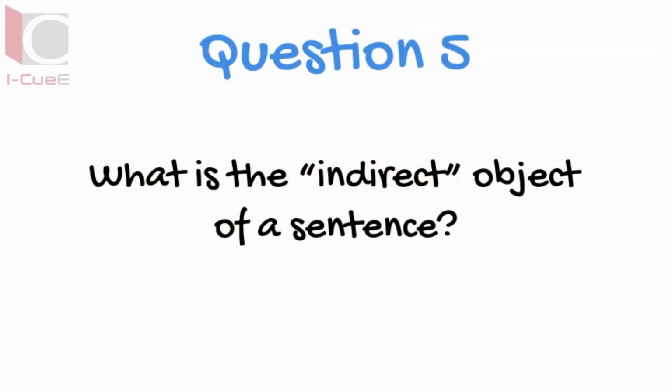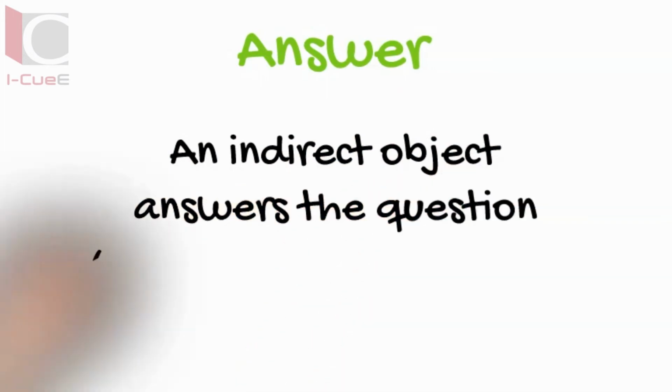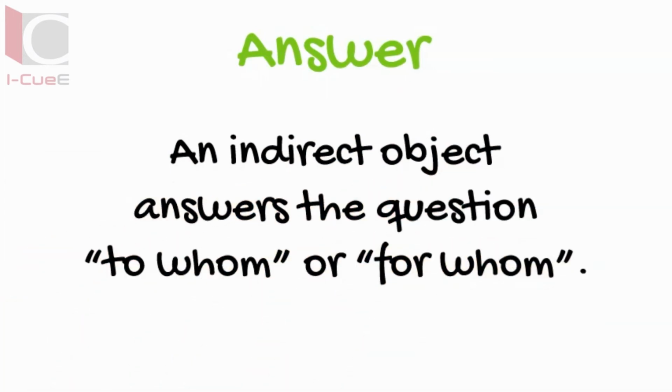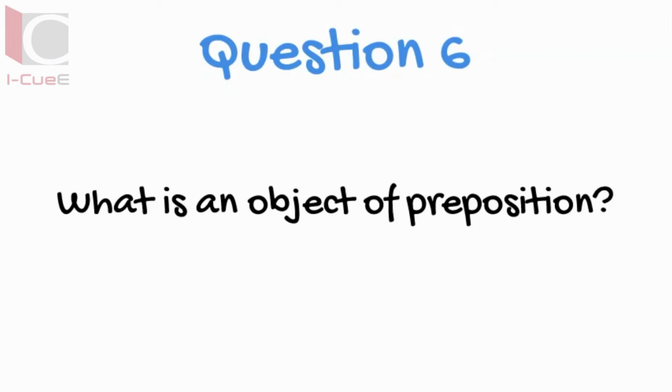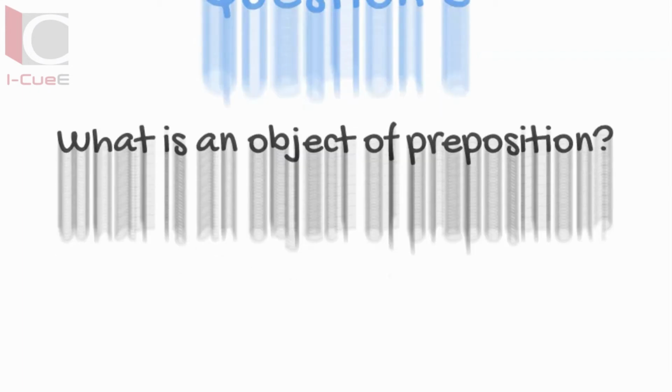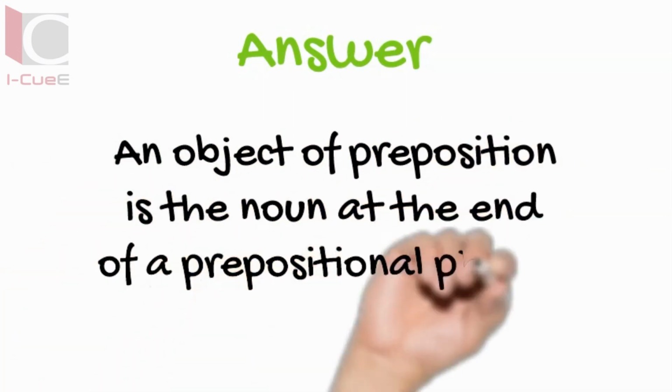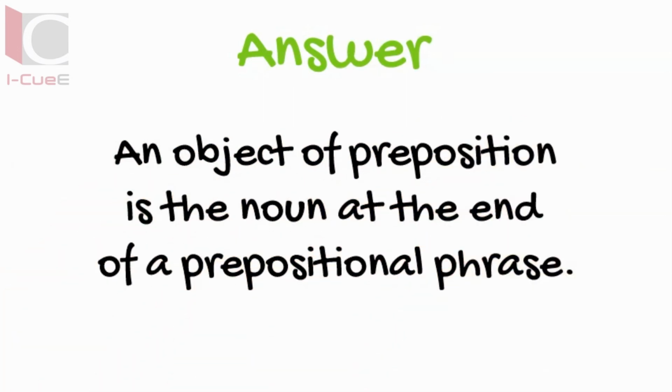What is the indirect object of a sentence? An indirect object answers the question to whom or for whom. What is an object of preposition? An object of preposition is the noun at the end of a prepositional phrase.